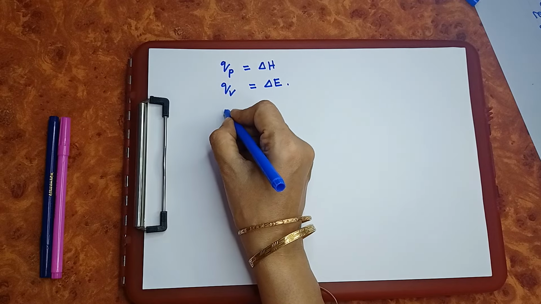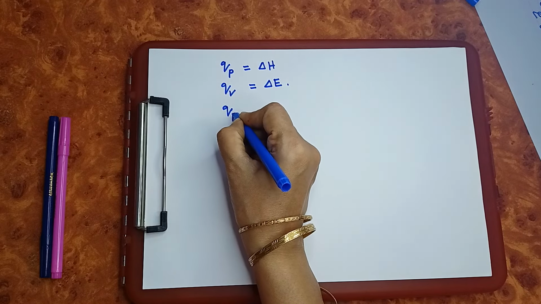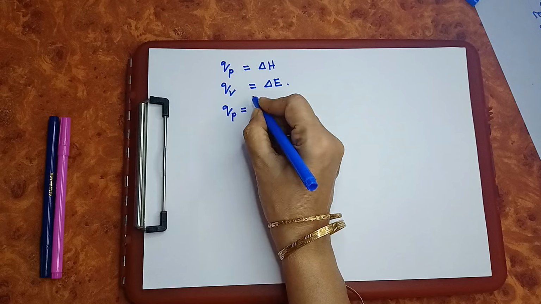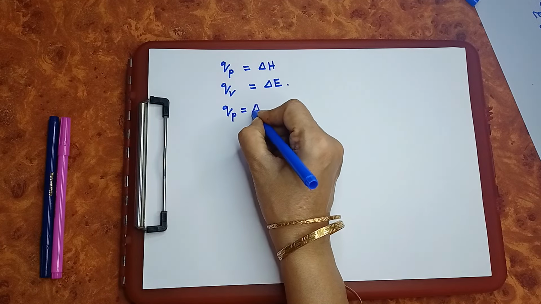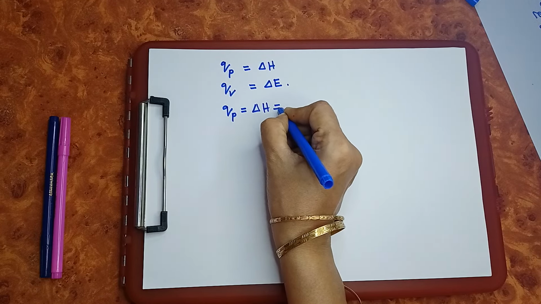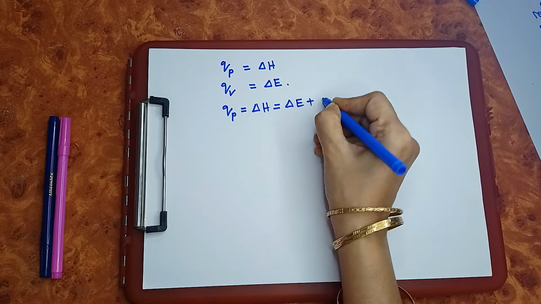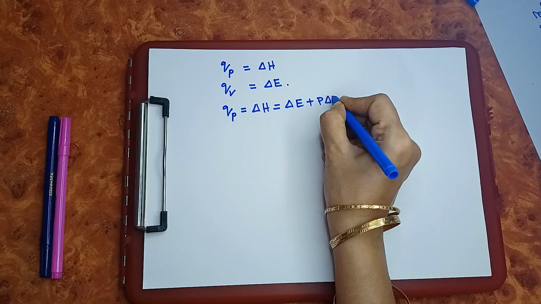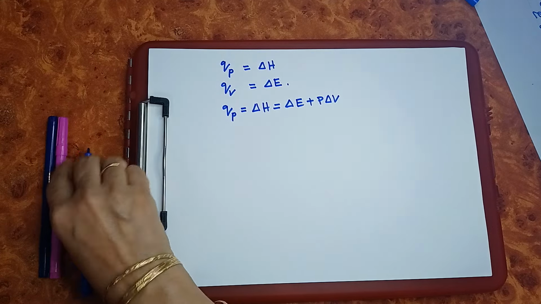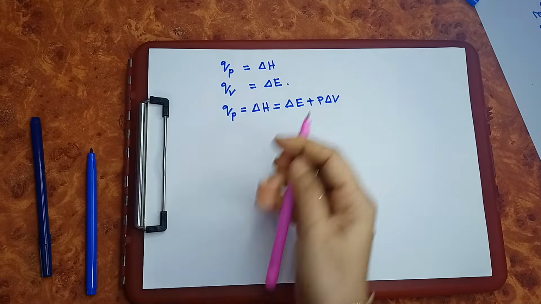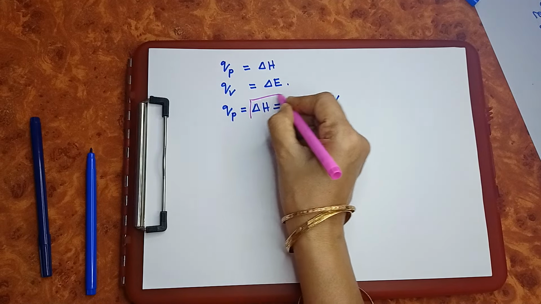The relation between them is Qp equals delta H, that is equal to delta E plus P delta V. This we have got from the first law of thermodynamics.